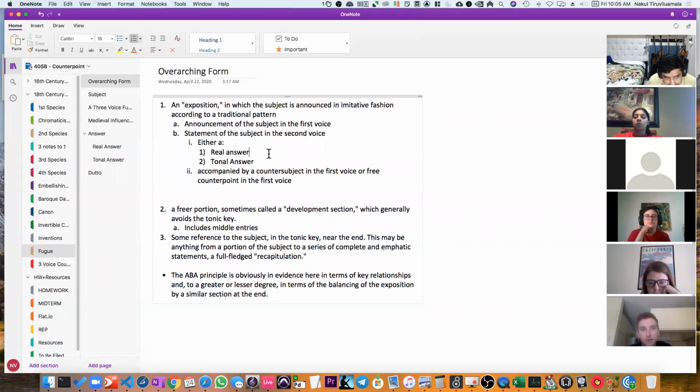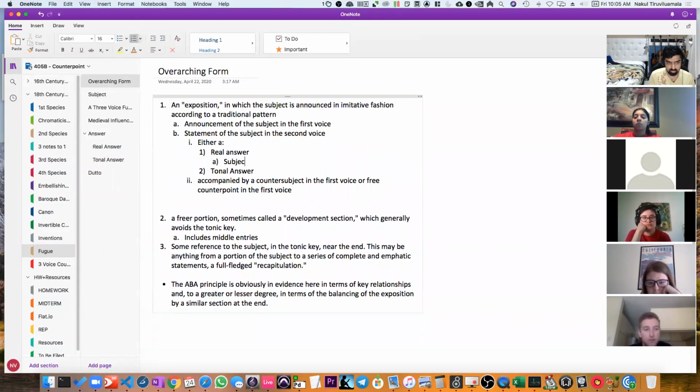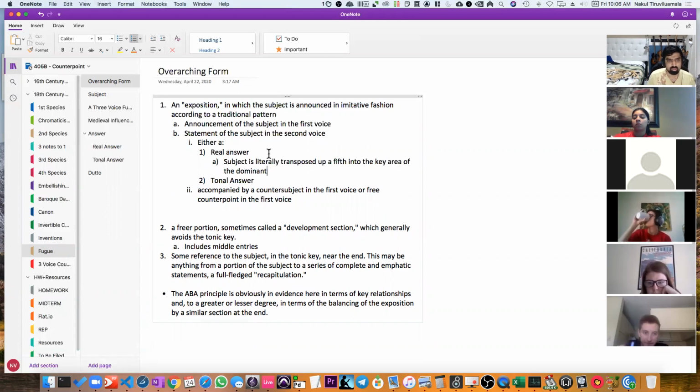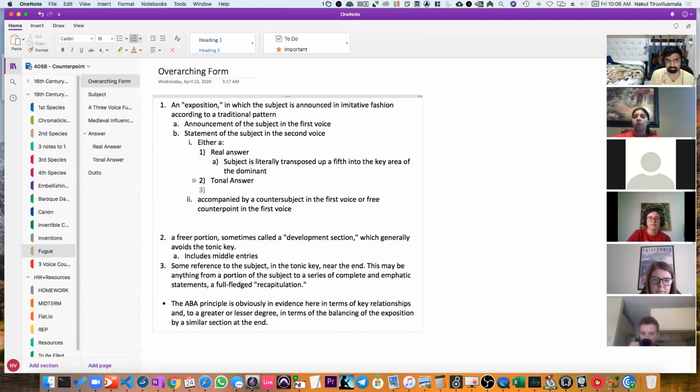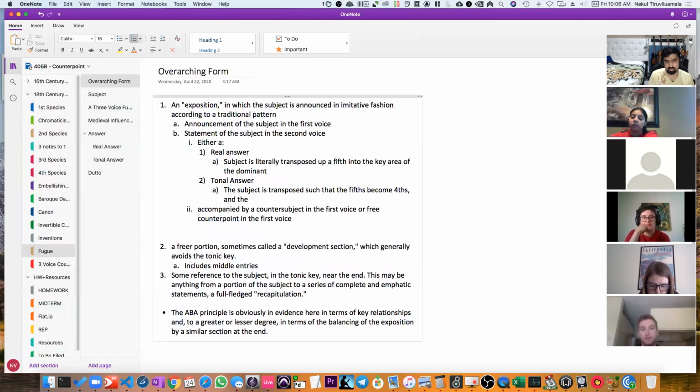And if it's a real answer, the subject is literally transposed up a fifth into the key area of the dominant. And if it's a tonal answer, the subject is transposed such that the fifths become fourths, and the key area is still the tonic.